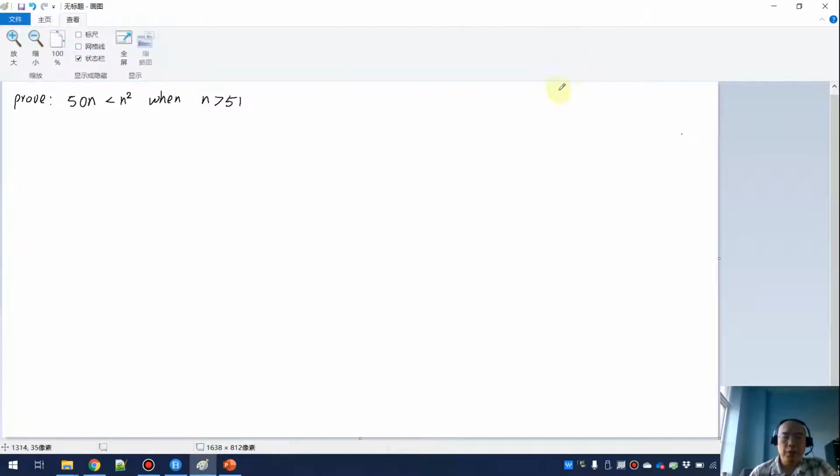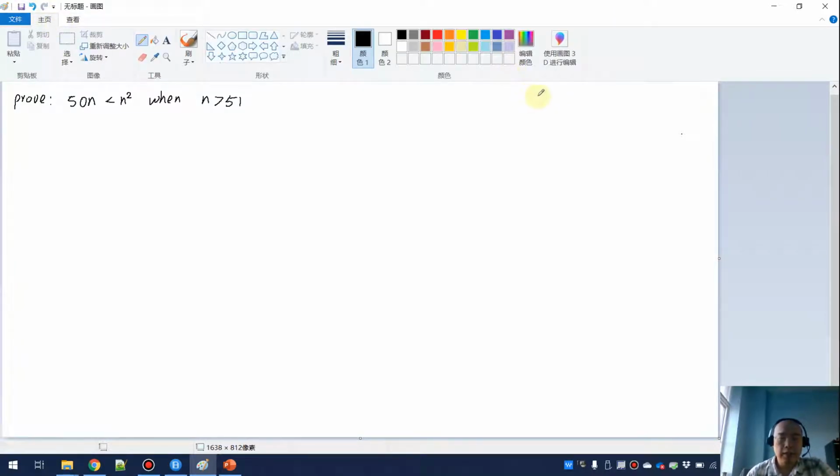Okay, let me show you a table. If we want to compare 50n versus n squared, let's start from the n value as 1. When n is 1, we have 50, and 1 squared, which is 1.